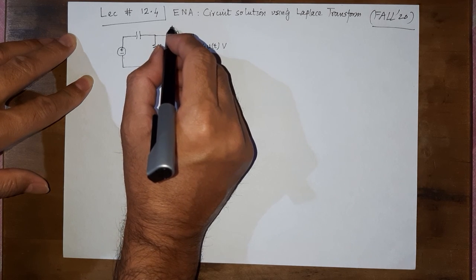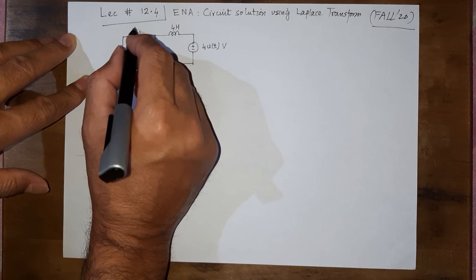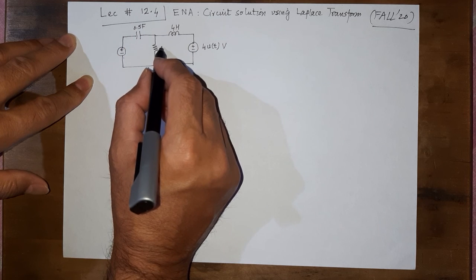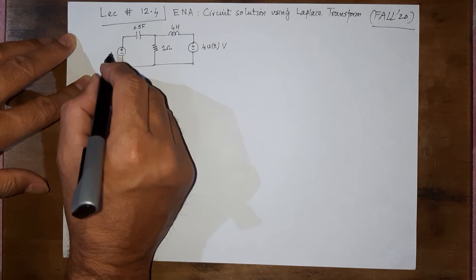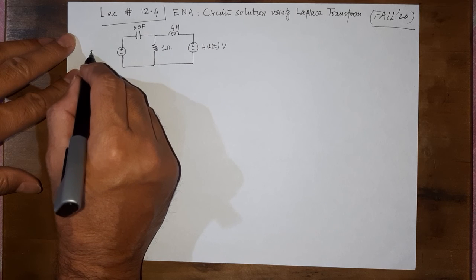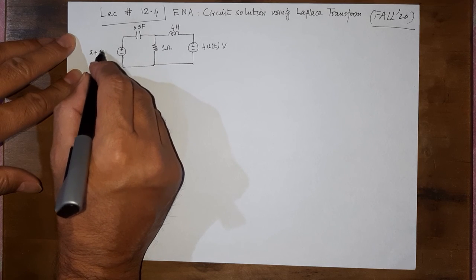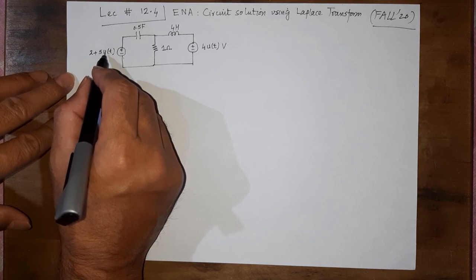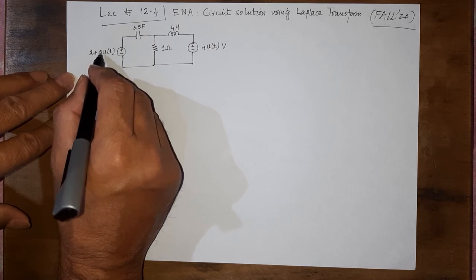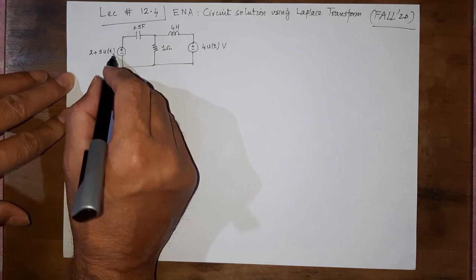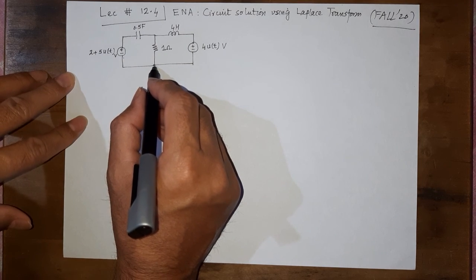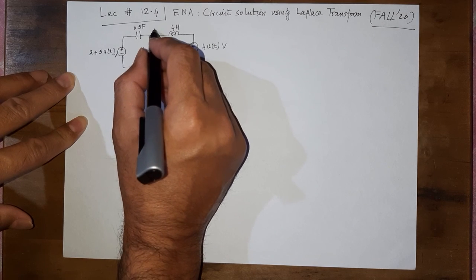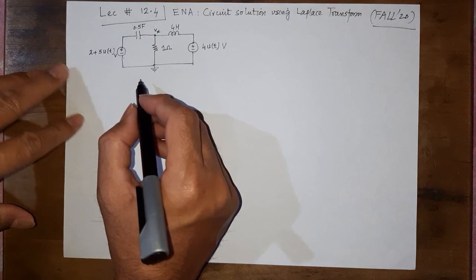This inductance is of 4 henries, 0.5 farad, and 1 ohm. And we have 2 plus 5 ut written here. And this is very important to see that this ut only multiplies 5, not 2 volts. The question includes, this is a reference node, and that this is Vx.